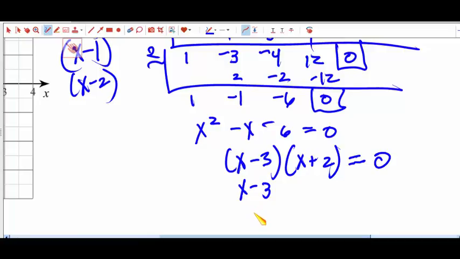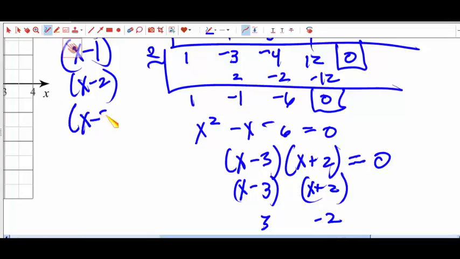I set each of those factors equal to 0, and I get 3 as the zero, and for this one I get negative 2. That means my factors are x minus 3 and x plus 2.